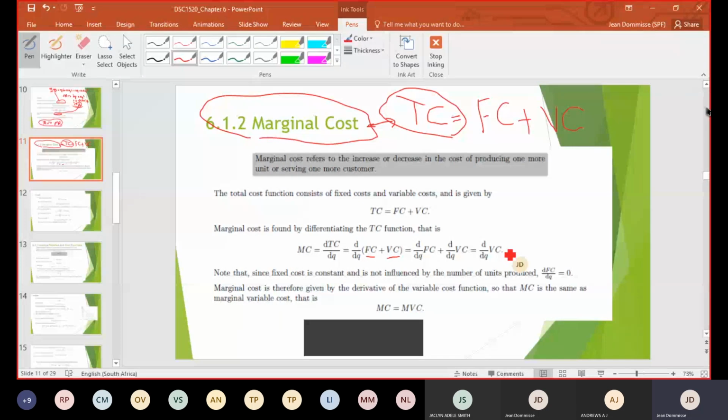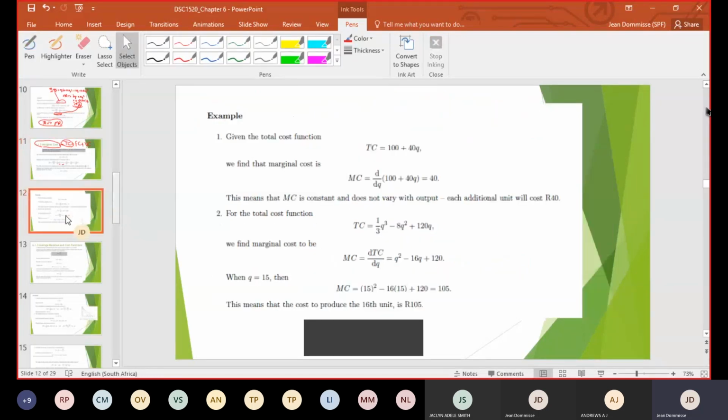So it depends on what the formula is that we need to look at. So let's see in an example, what do we have?